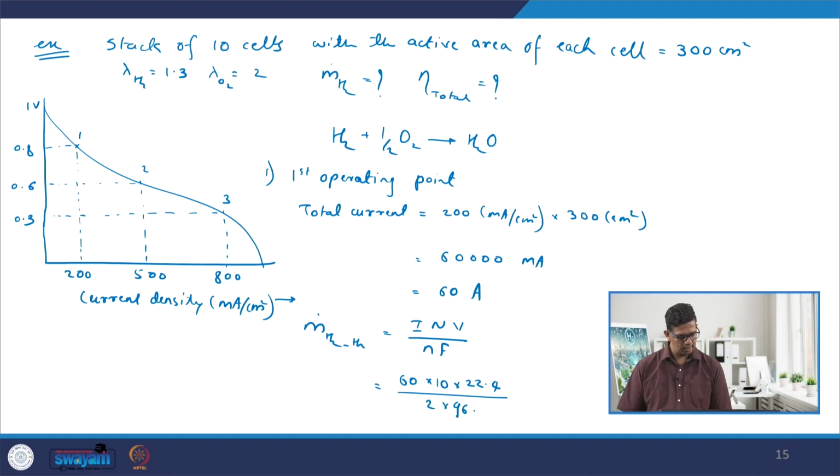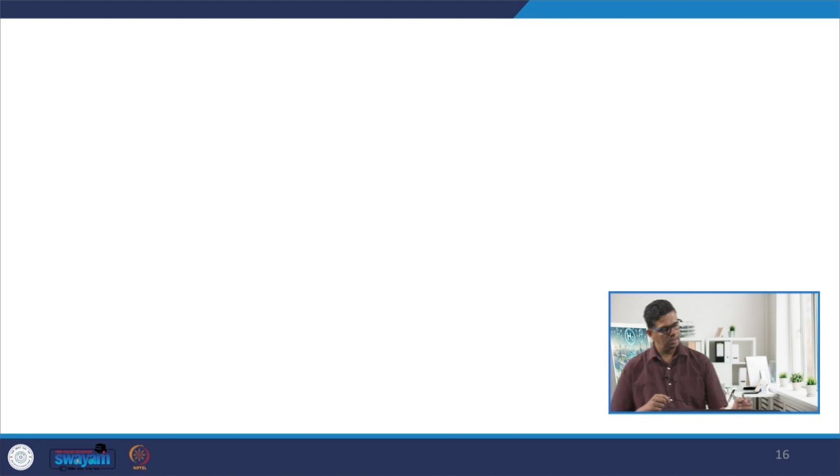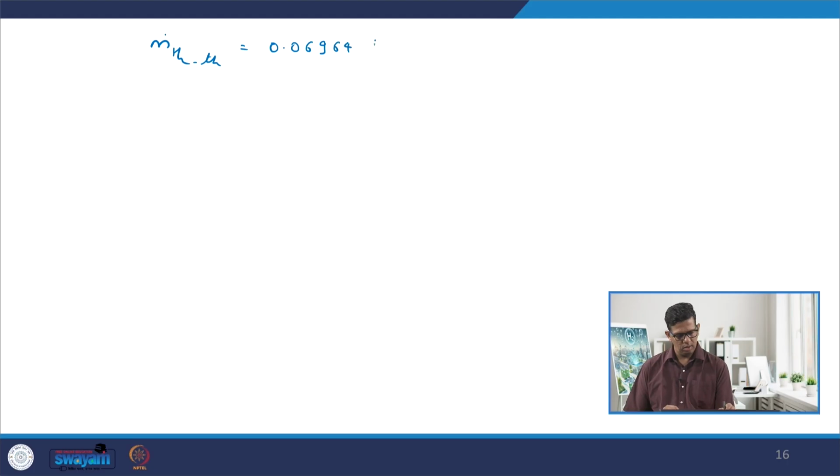Faraday's constant is 96,485. So, if we solve this up, m dot hydrogen theoretical comes somewhere close to 0.06964 liters per second.